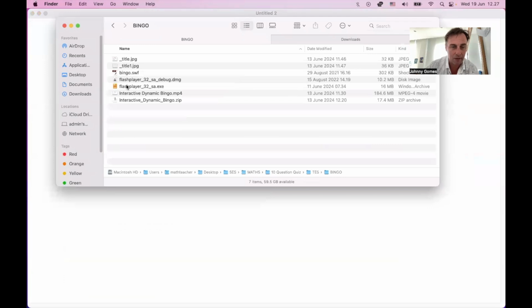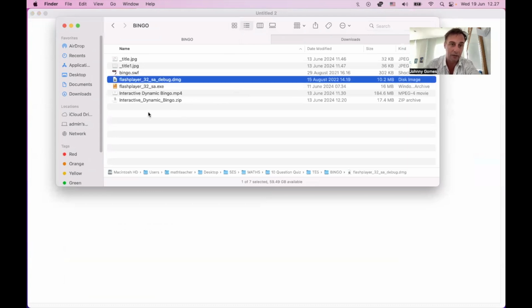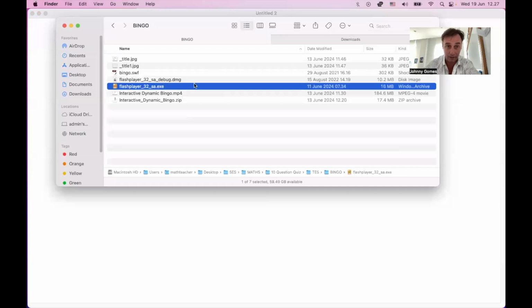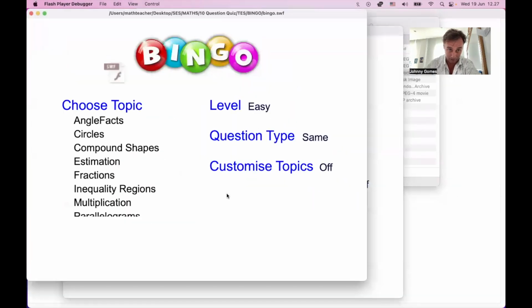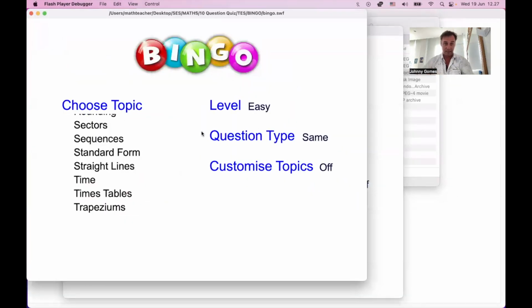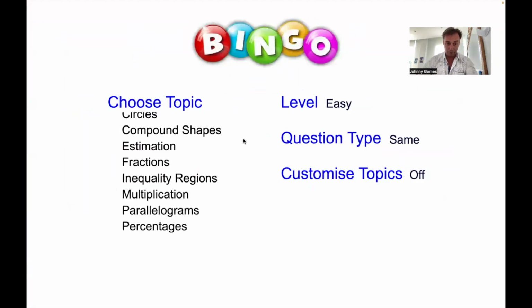So, for example, when you download, if you buy this product, you'll get the Bingo Shockwave file, and I'll also provide you with a Flash player that you can load on a Mac or a PC, and that basically just allows your computer to run Shockwave files or Flash files. You just double click on it. There you go. Press Apple F or Control F, and you get full screen mode.